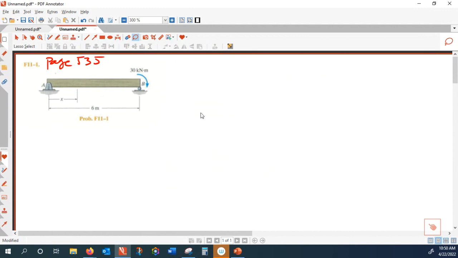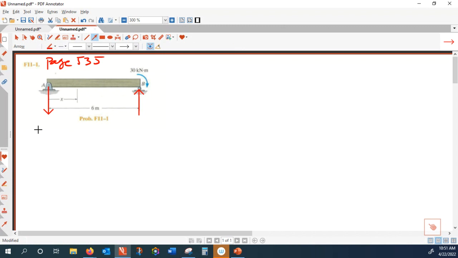How many zones are here in terms of changing the loads? One zone. Yes, one zone is here. So the first task is to find out the reactions. So there will be a reaction at B and one reaction in opposite direction at A. I just got this by experience.